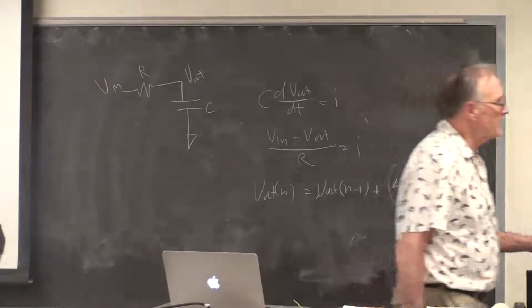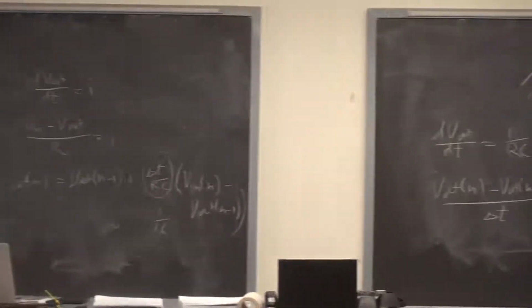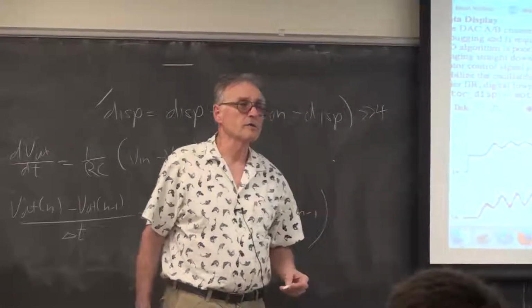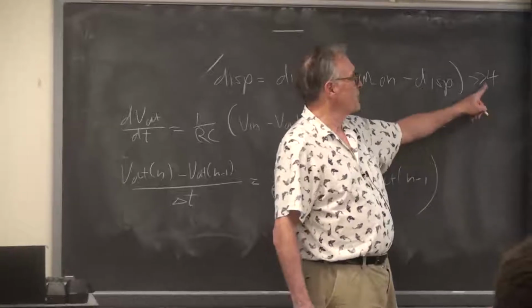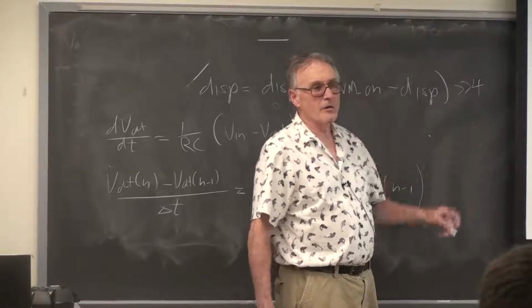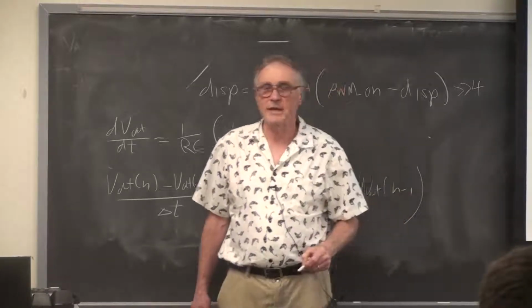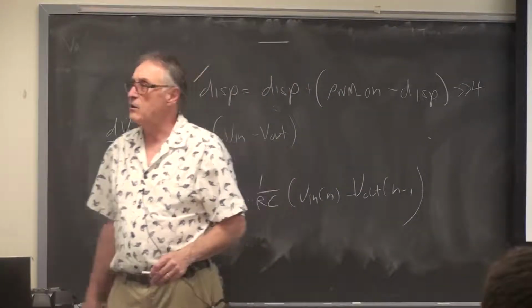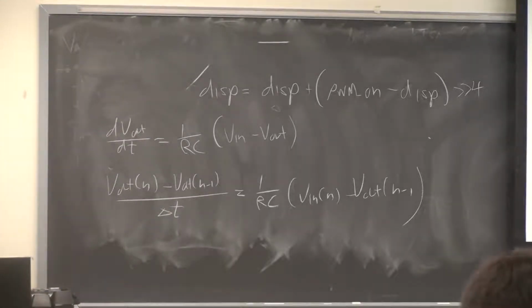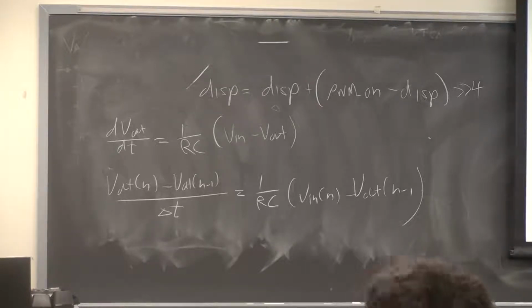You might want to try shifting it 3 or 5 and see if you like it better or worse. If you shift it by too large a number, let's say 8, now you're talking about a 256-point average. That is now starting to be a quarter of a second, which is comparable to the time constant of the pendulum, and therefore will distort the output. I would say you want to be short compared to a tenth of a second.